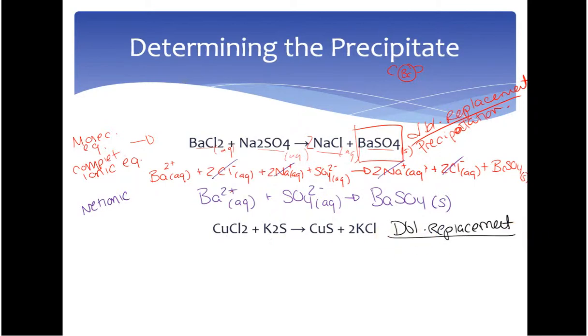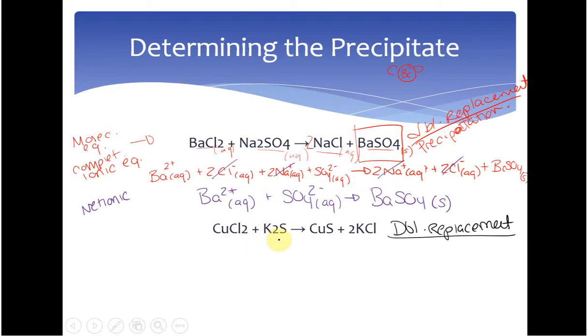So now let's classify it the rest of the way. Is this gas evolving? Probably not. I don't see anything that would form a gas here. Not oxygen gas or hydrogen gas or CO2. Is it acid-base? Well, copper 2 chloride is not an acid or a base, so no. Same thing here.